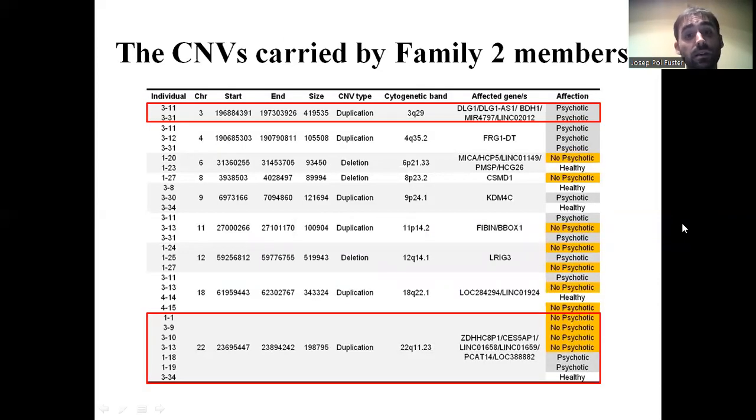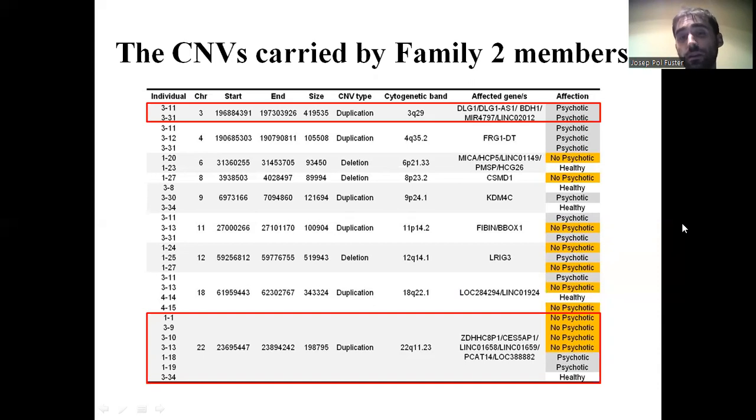Some of the CNVs identified in the family were located in very interesting regions. One of them was affecting the 3q29 region, and another one was affecting the 22q11 region. Both regions have variants which are among the highest genetic risk factors for psychosis.